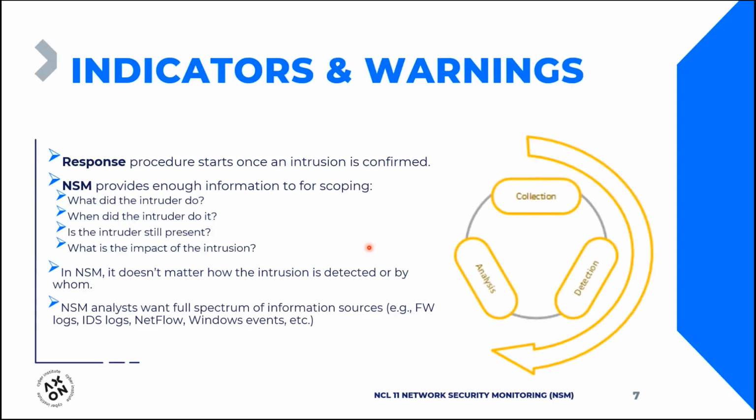In another intrusion, he might be checking NetFlow logs and then find a trace of that intrusion. In the third scenario, he can be checking Windows event logs and then find a trace of the intrusion. So it doesn't matter where he gets it from, but he gets it because he is collecting enough information.